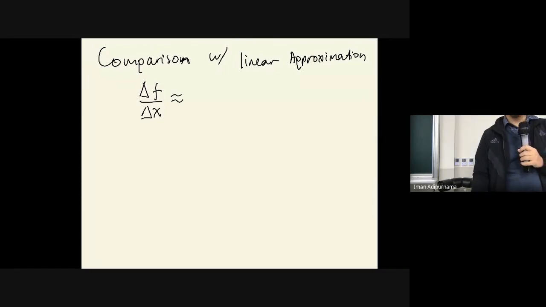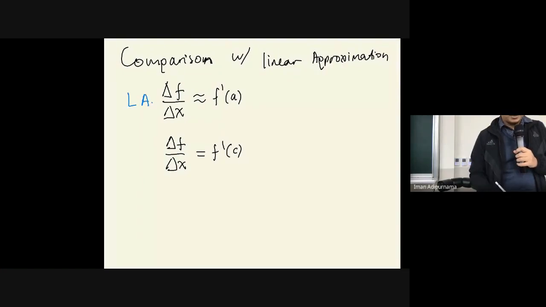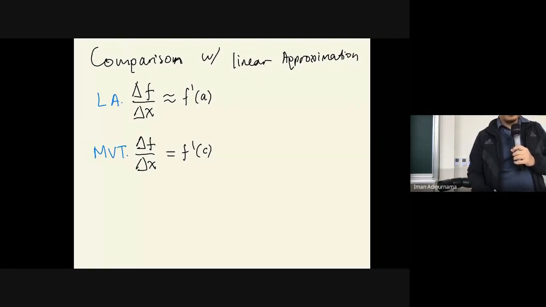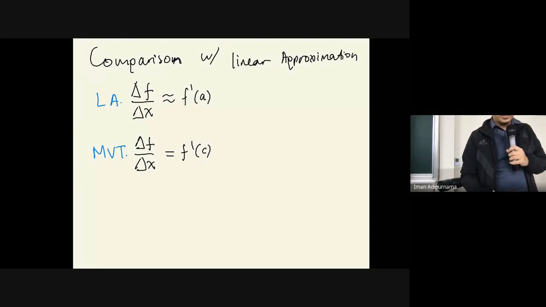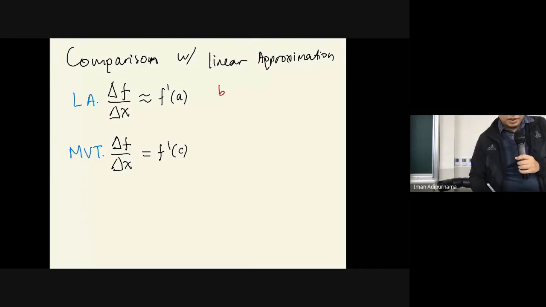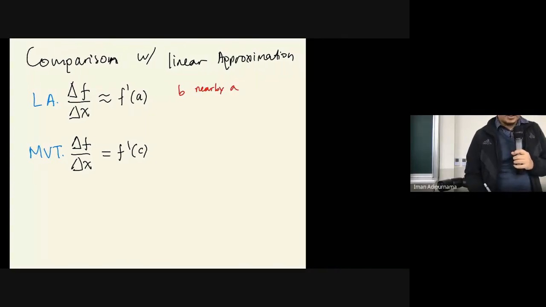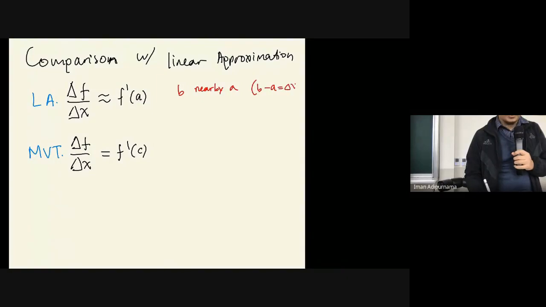it's approximating, right? And in the mean value theorem, this is precisely equal. So this is in linear approximation, and this is in the mean value theorem. And the concept, in linear approximations, if we are dealing with the same a and b, b should be closer or nearby a, and our b minus a is delta x.